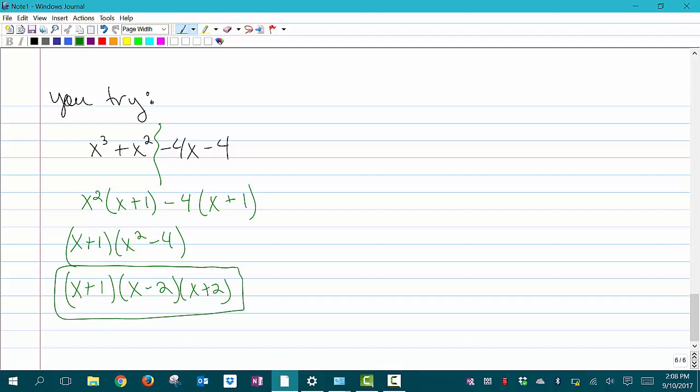Did you get the correct answer when you factored completely? If not, review how to factor a polynomial with 4 terms.